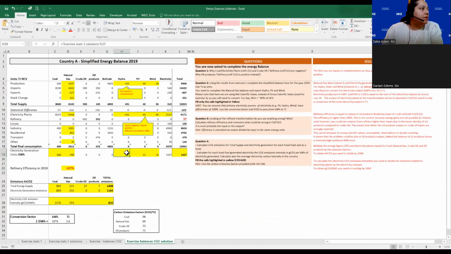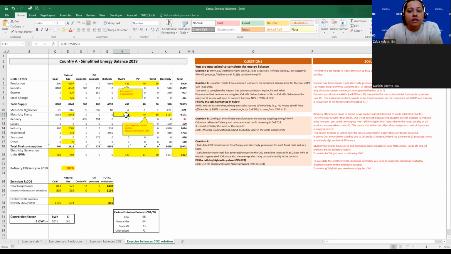So you know that for hydro you had 120, 11 for solar PV, and 10 for wind. We already said that for hydro, solar PV, and wind, there's a 100% efficiency based on the IEA method.